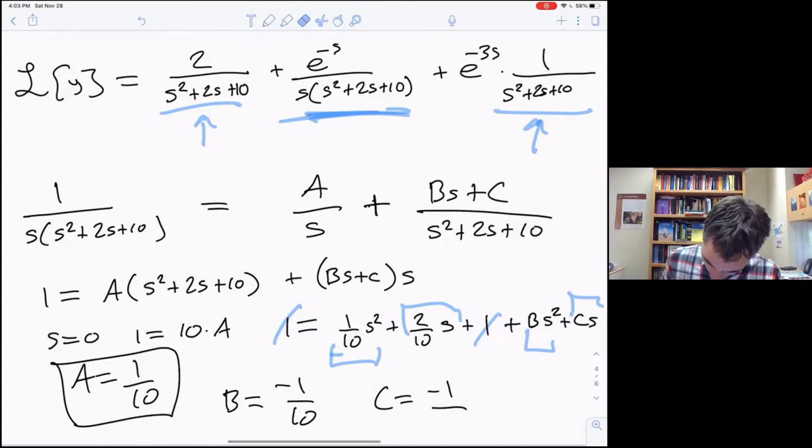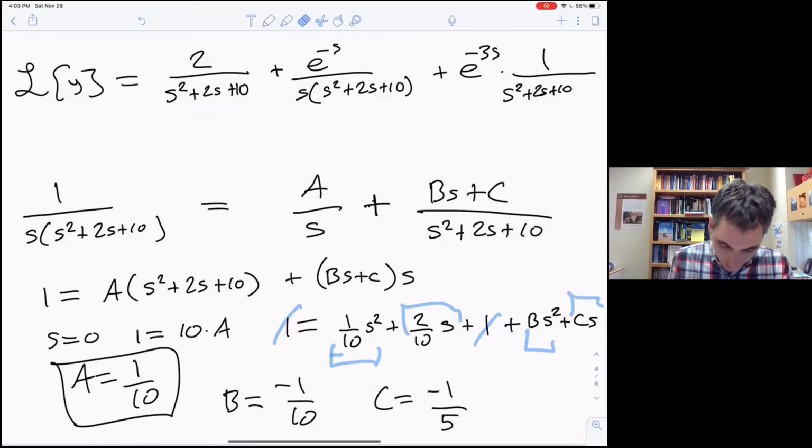Let's see if I can write that 5 a little more clearly for you. Okay, so let's see if we can clear out some of this stuff here. A is 1/10, so let's write that there. B is negative 1/10, so let's write that there.